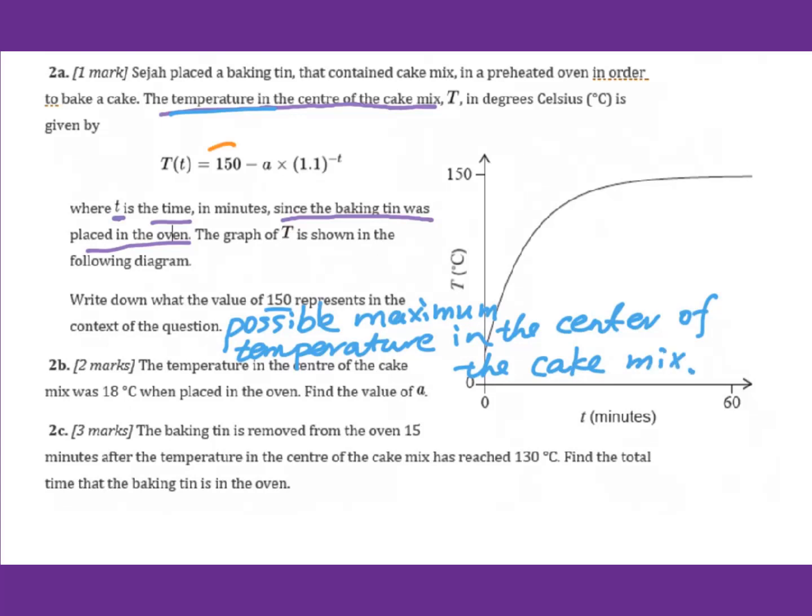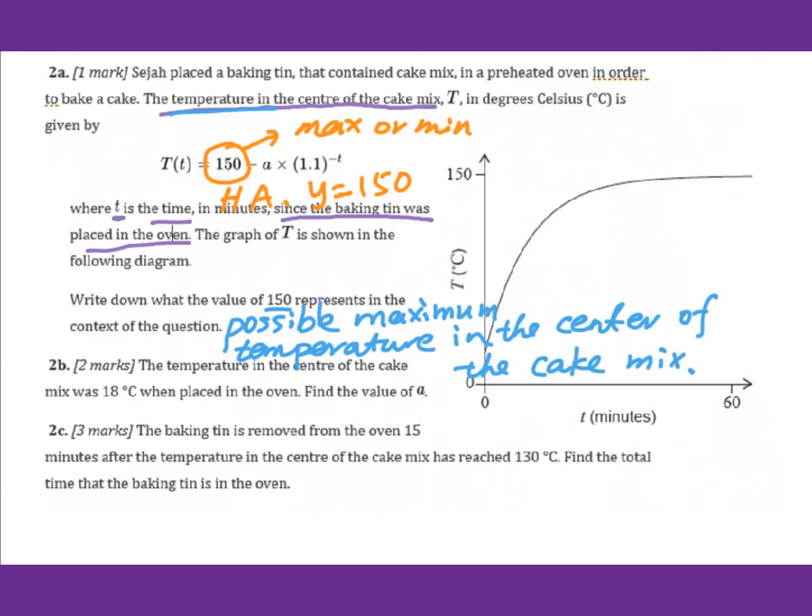The constant number in the exponential function is a horizontal asymptote line. It will be the possible maximum or minimum point.